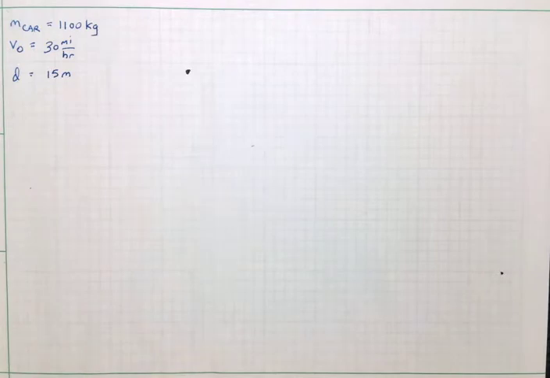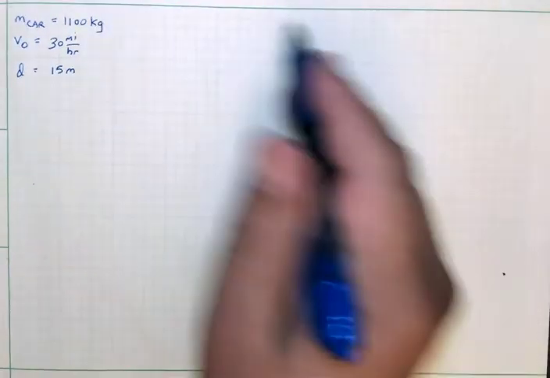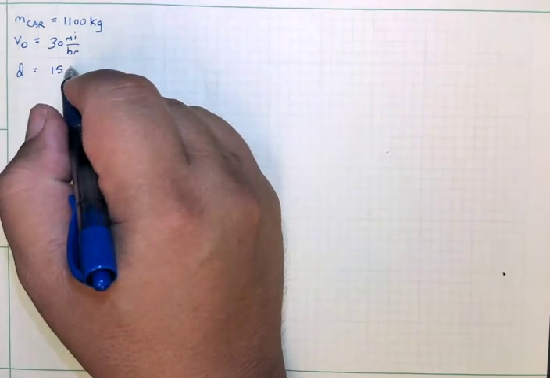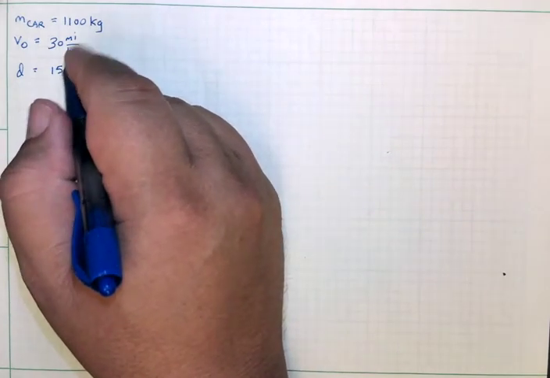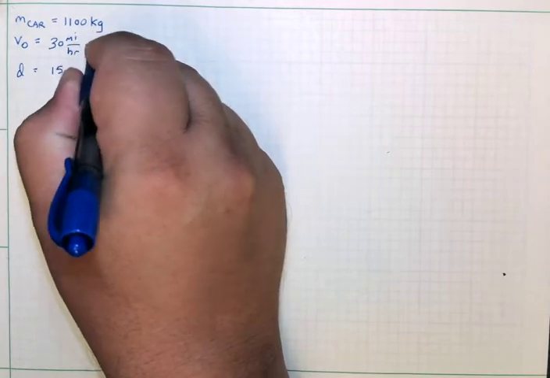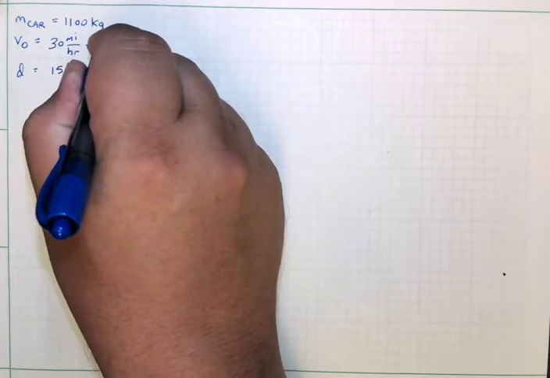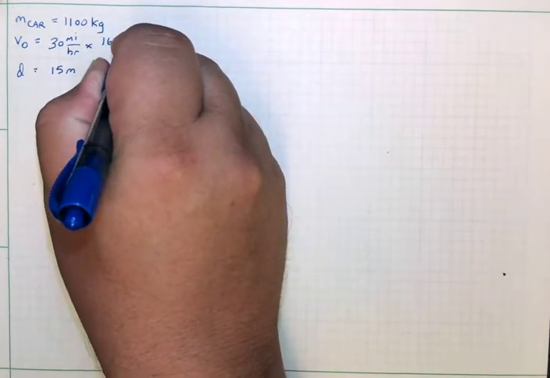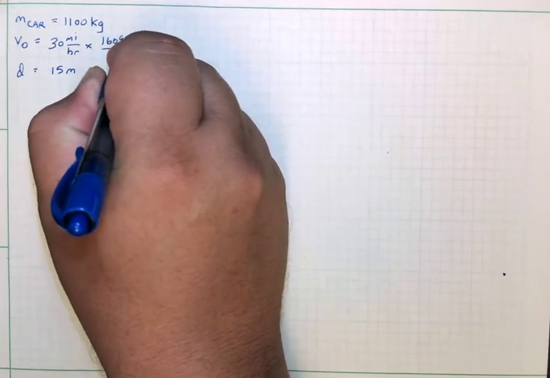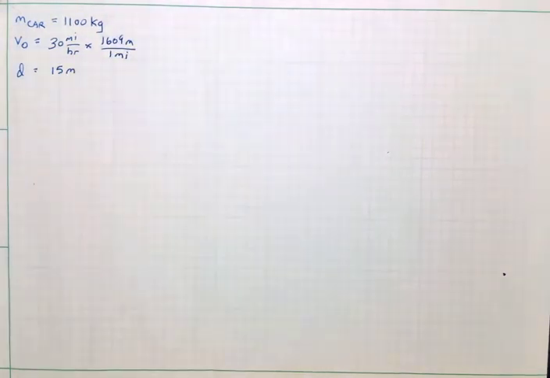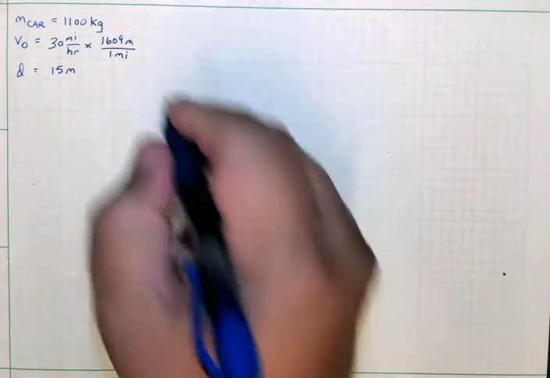Now we can immediately see one problem with our data in that the units for velocity are not what we need. We need meters per second, not miles per hour. But this is a problem that we have dealt with before. We first convert the miles into meters using the conversion factor 1,609 meters per mile.